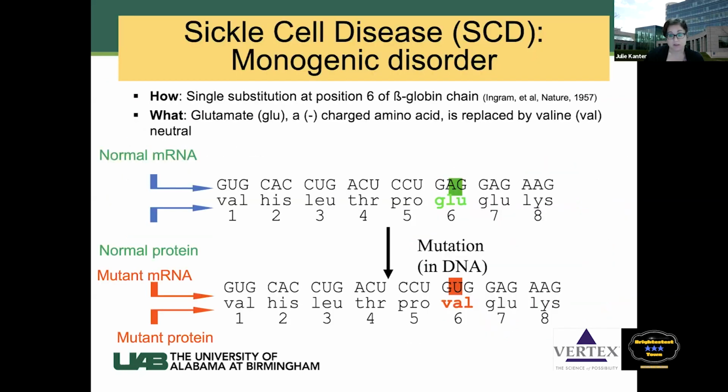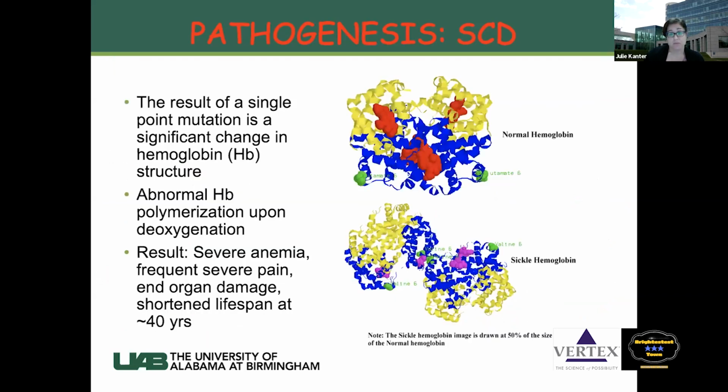When we think about sickle cell disease, it's important to remember that it's a monogenic disorder, meaning there's one single point mutation that causes the actual sickle hemoglobin. This was actually the first monogenic disorder identified. Even though it's just one simple point mutation, it takes this normal hemoglobin and transforms it into the sickle hemoglobin.